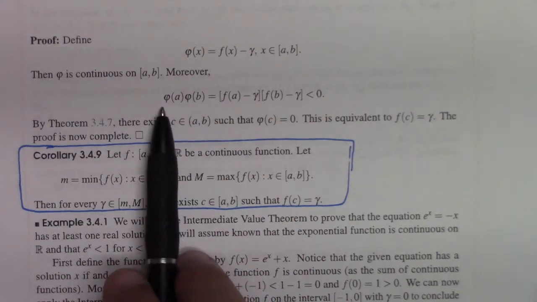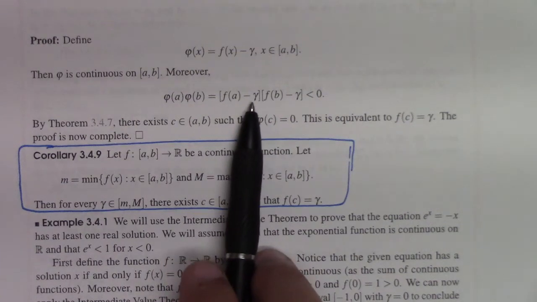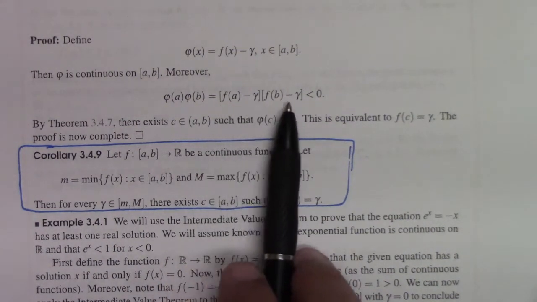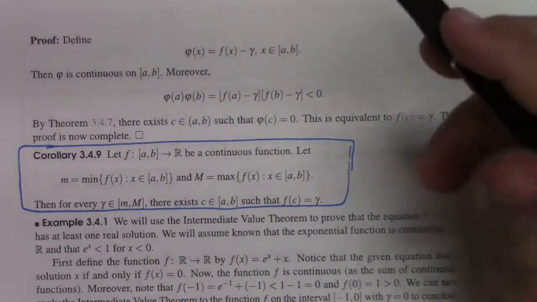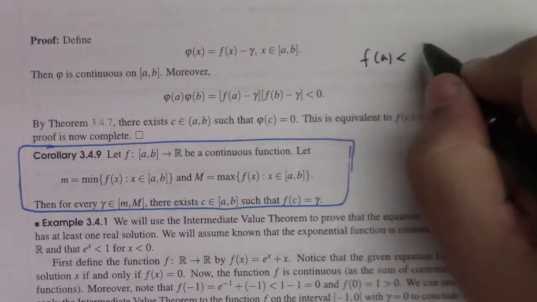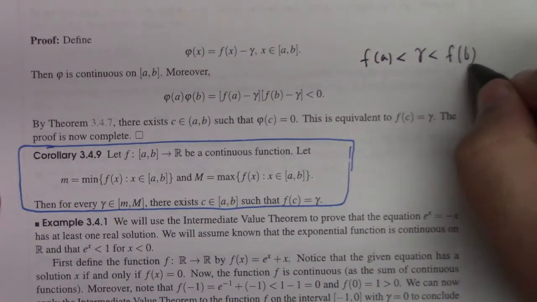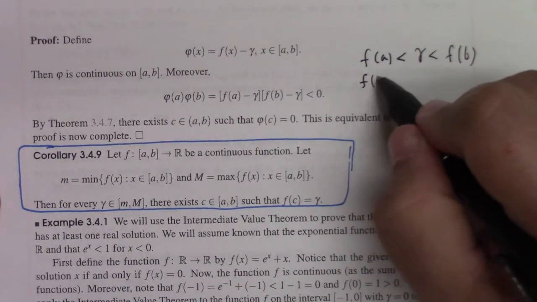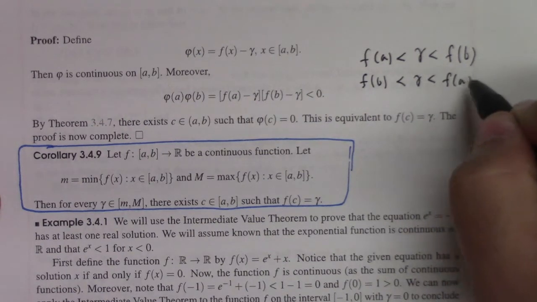And the product of phi of a and phi of b is f of a minus gamma times f of b minus gamma, and by construction that's negative, because by assumption you have f of a less than gamma less than f of b, or you have f of b less than gamma less than f of a.